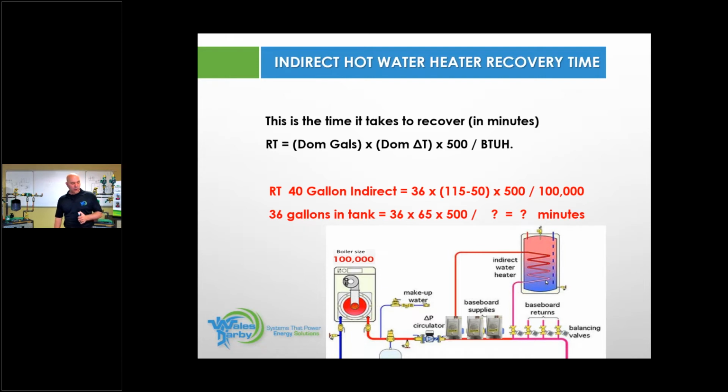Someone tell me how long it will take that system right there. You will see this in someone's house within the next 3 days if you're in basements. Tell me how long it will take to heat that indirect back up, to recover the water in that indirect.